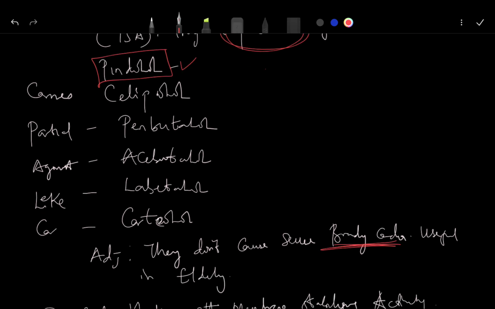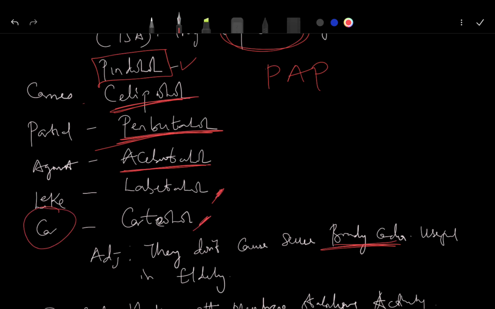Examples include what? Pindolol. So you can remember PAP: pindolol, acebutolol, and penbutolol. Then also you can remember celiprolol, labetalol, and carteolol. So remember CAR. Pindolol carries partial agonist-like activity. Pindolol, celiprolol, penbutolol, acebutolol, labetalol, and carteolol.